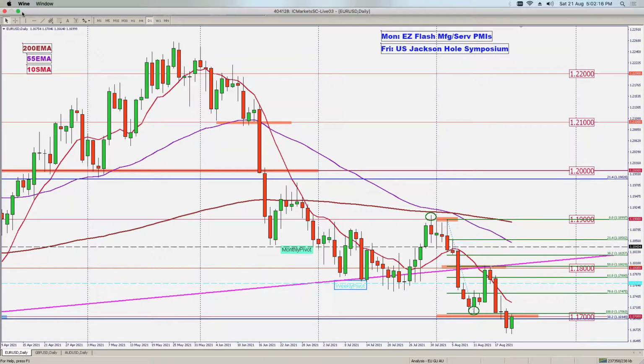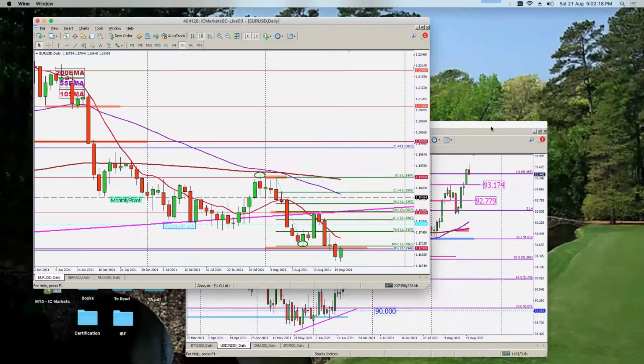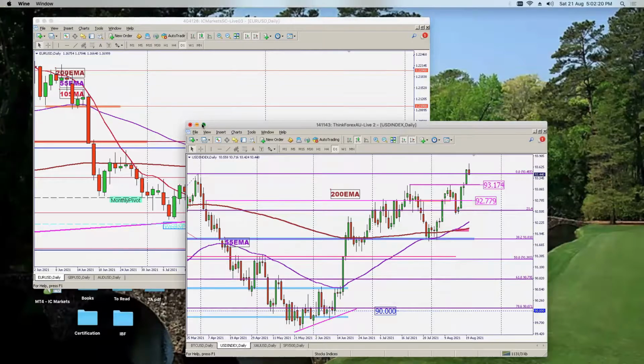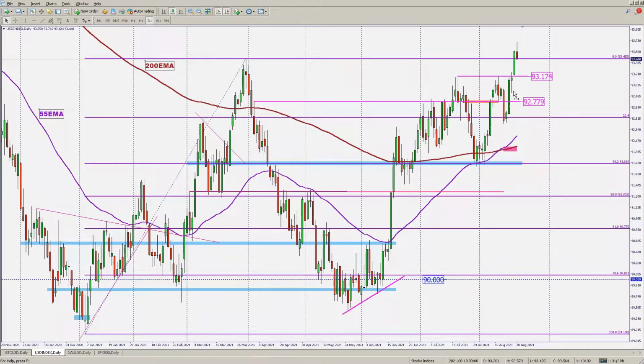Okay, let's also take a look at the US dollar index, the DXY, and that was the drive higher on Tuesday, which pushed all the major currencies down. And that was before the release of the FOMC meeting minutes.